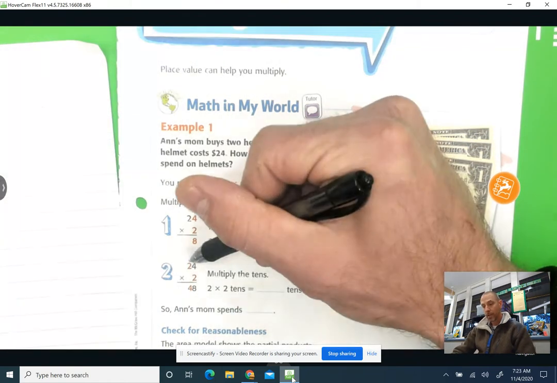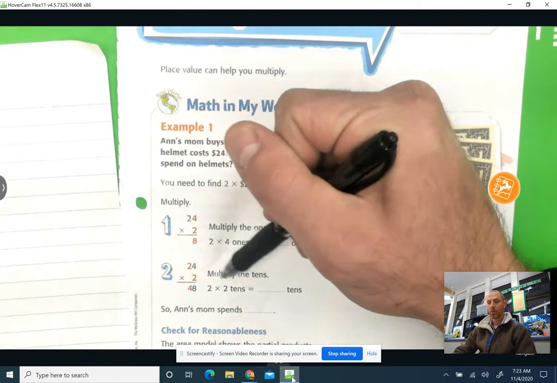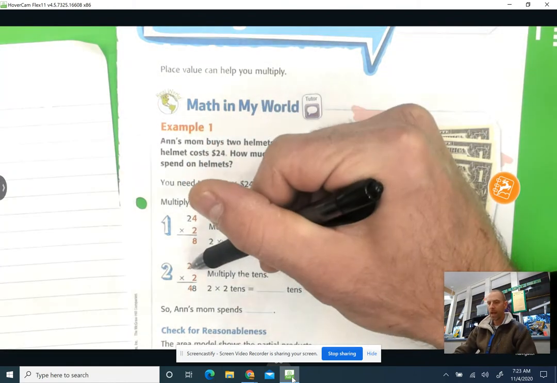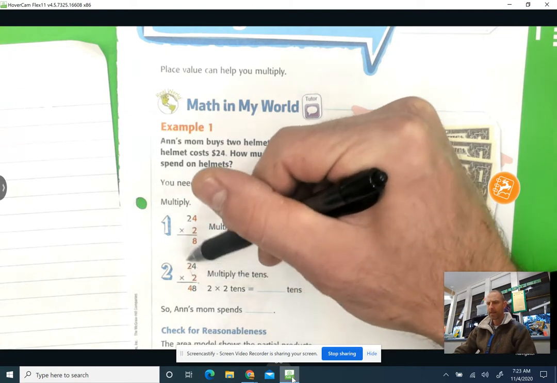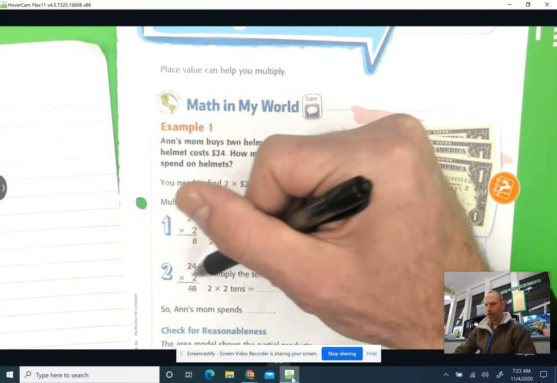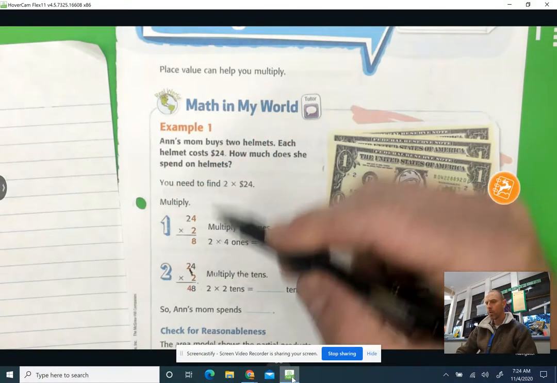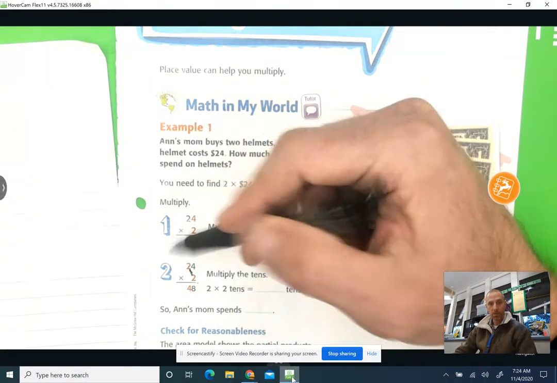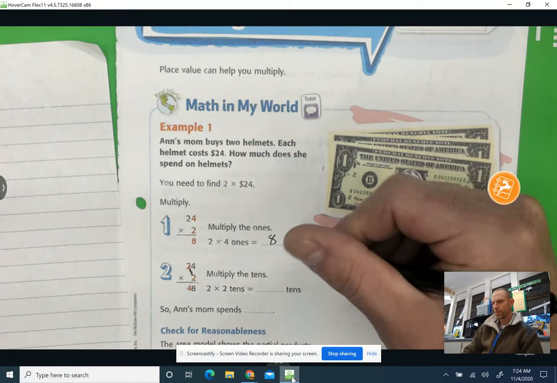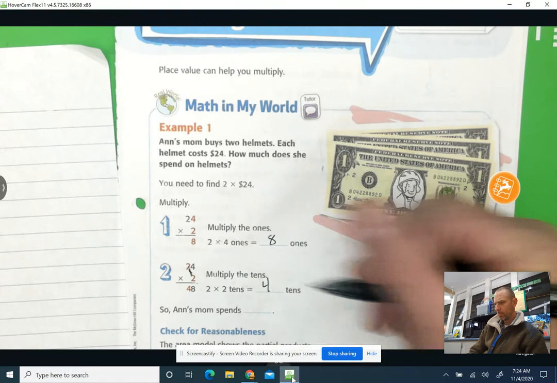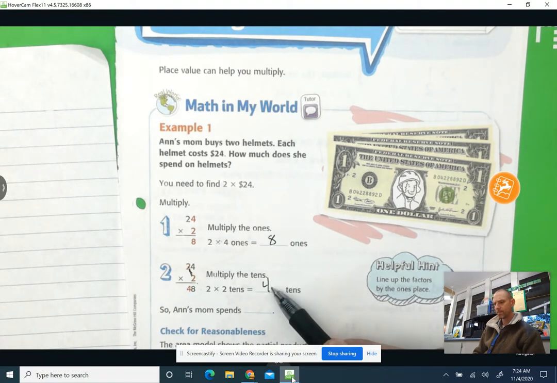It gets tricky when you multiply the tens, because now all of a sudden you're going to be multiplying diagonally, right? That's something that you're not used to. So when multiplying the tens, multiply diagonally, 2 times 2, and you end up with 4 tens.